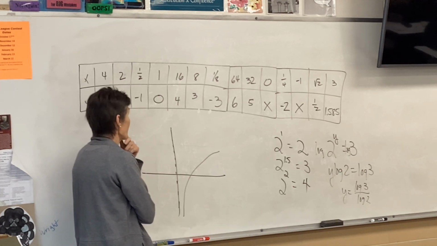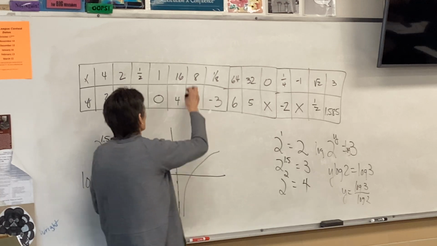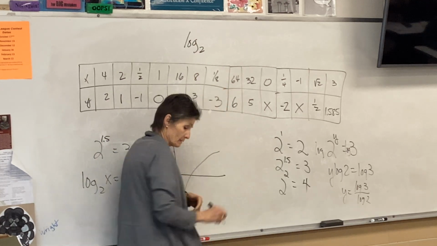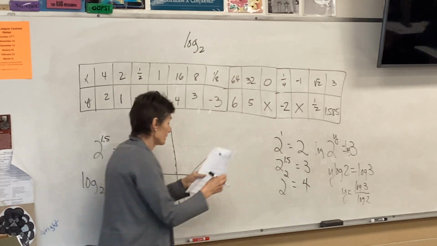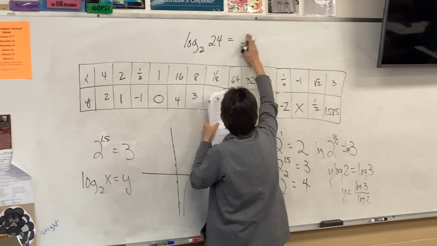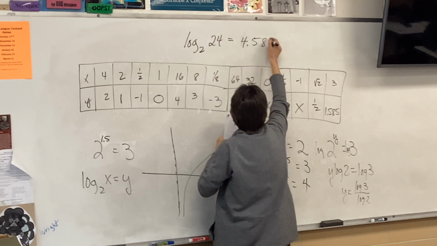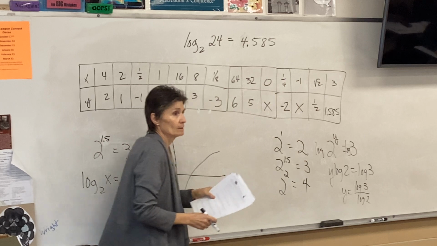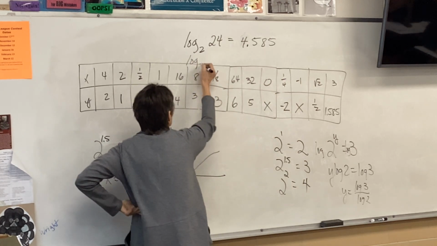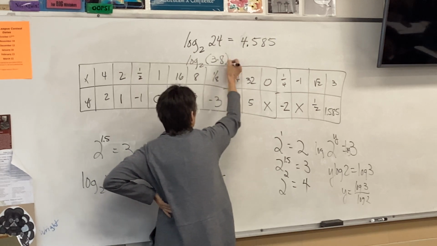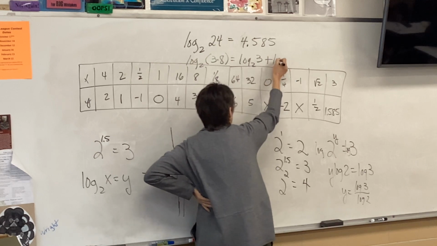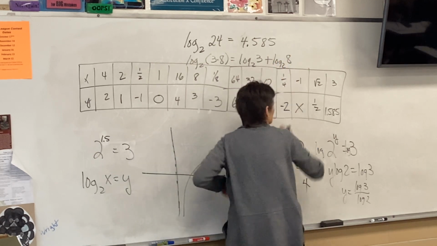We should have known that, because we already figured out that the log of 24 was 4.585. And the log of 24 is 3 times 8, which is the log of 3 plus the log of 8.